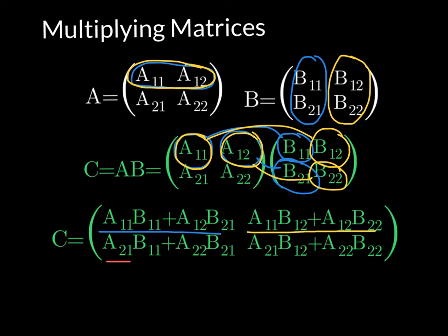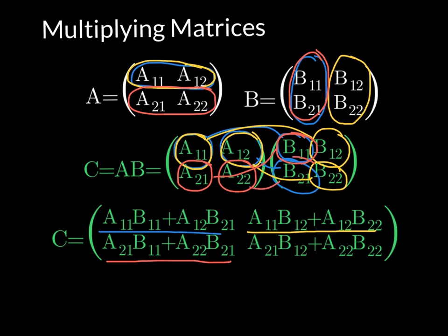The third element we'll look at is C21, and that's obtained by combining the second row of matrix A with the first column of matrix B. So we have A21 multiplied by B11, and that is added to A22 multiplied by B21.